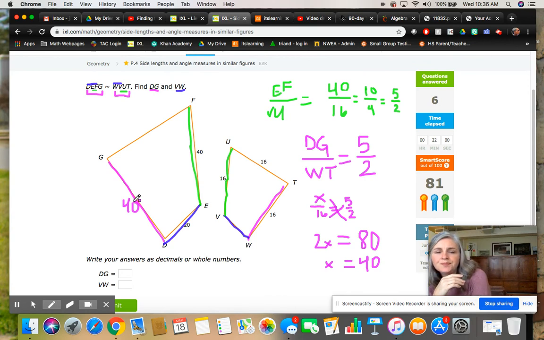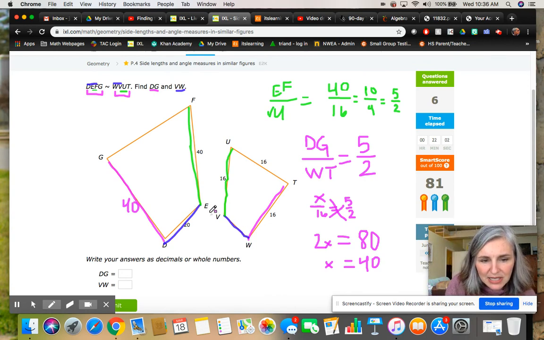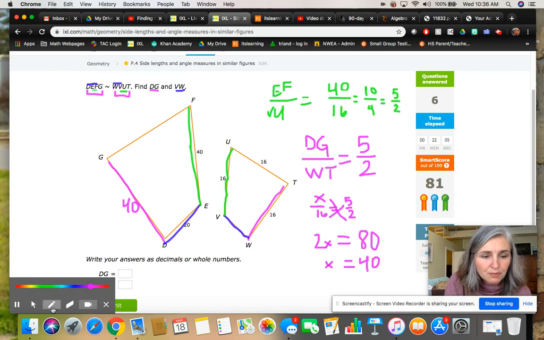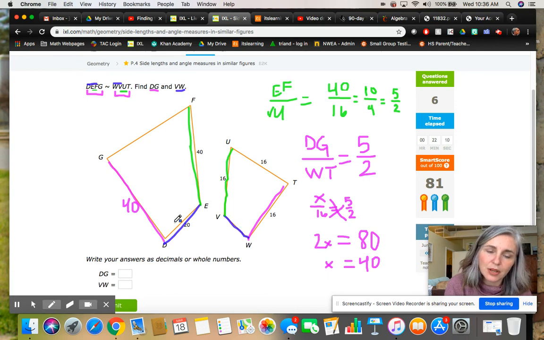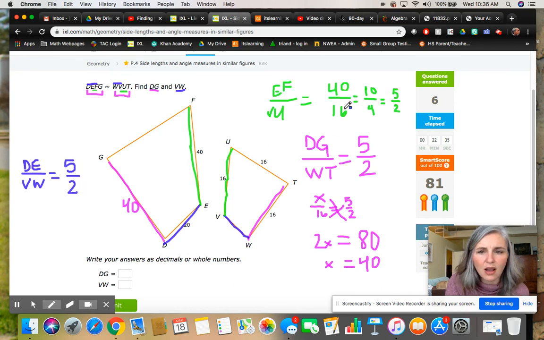And then my last piece here, I need to find VW, but be careful here. I'm going to go to blue because I don't want to write VW is to ED. I want to start with this figure because I started with this figure here. So I'm going to say DE is to VW as 5 is to 2, that proportion that I got in the beginning that I know is going to work for all the sides.